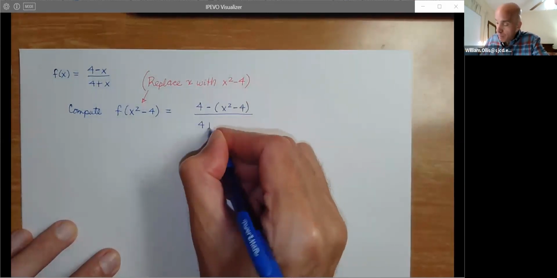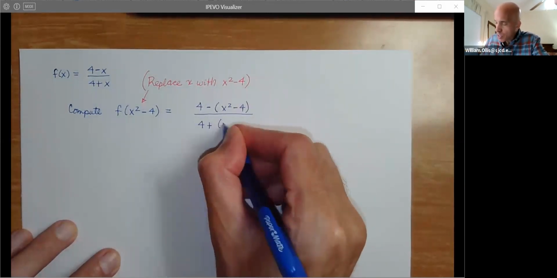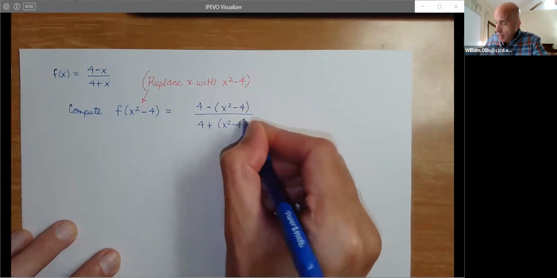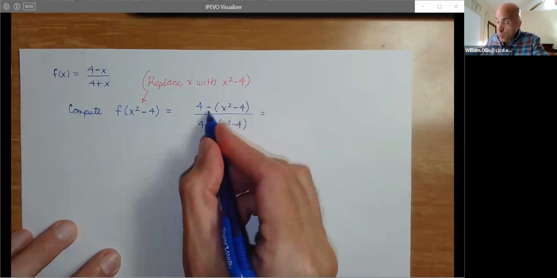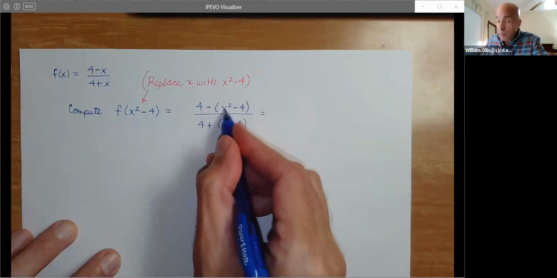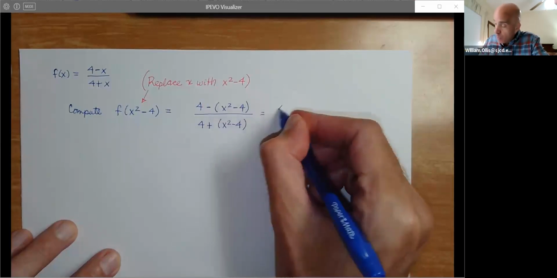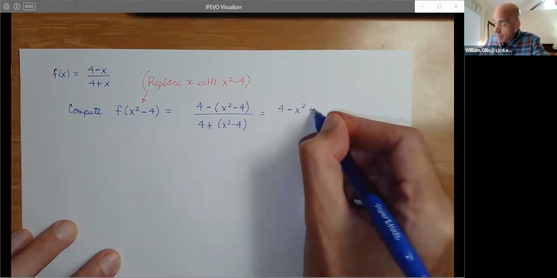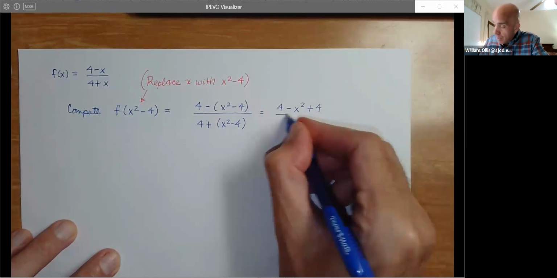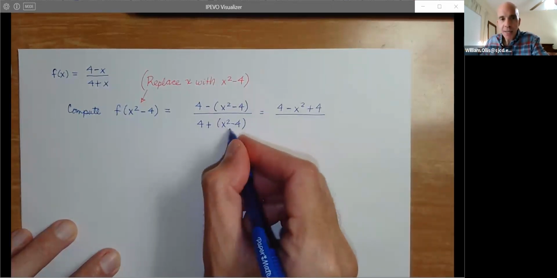4 plus, and now if you like, we've got a plus here, but I'll just say x squared minus 4 just to keep it consistent. Now, the distributive law says I need to distribute the negative. So I have 4 minus x squared, and then minus minus is a plus 4. Downstairs, I'm just distributing the plus sign.